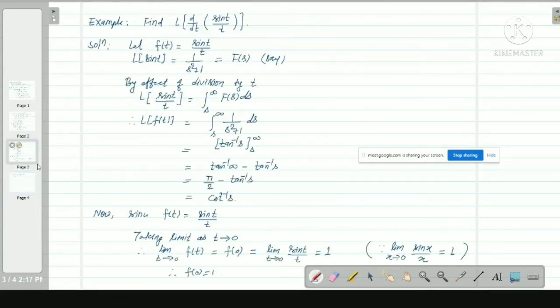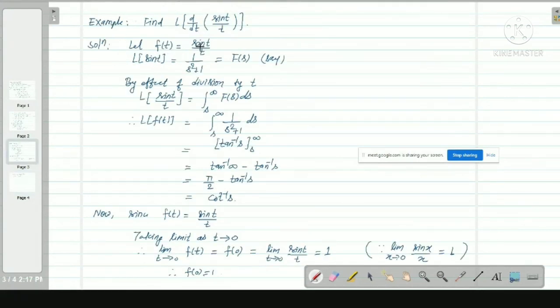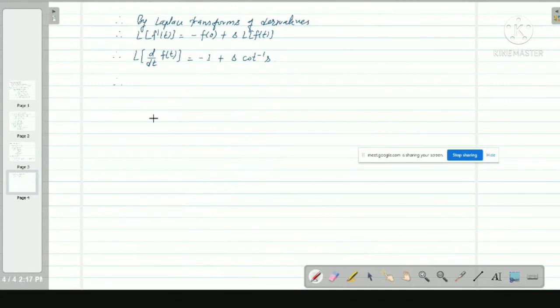times the Laplace transform of f of t, which we found is cot inverse of s. But f of t is sin t upon t. So the Laplace transform of d by dt of sin t upon t is equal to s cot inverse of s minus 1.